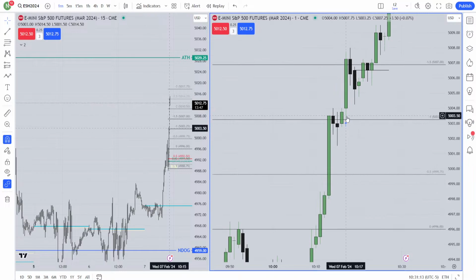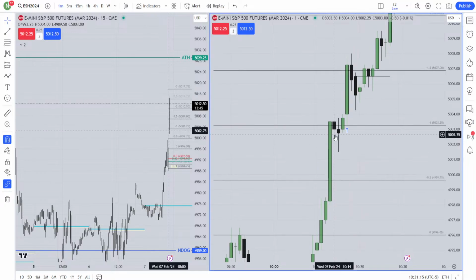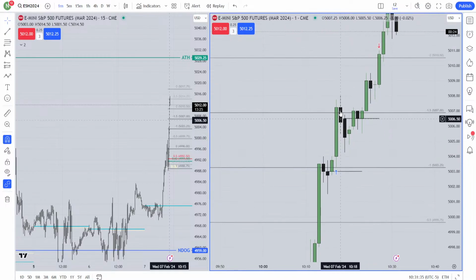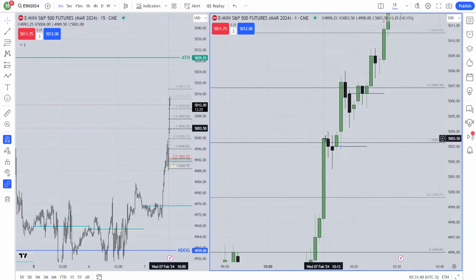Look here where I took my entry. This candle has made this gap, and I didn't take my entry at that gap. When price closed above that opening, that is my order block level. Now there are two consecutive order blocks here, two candles. This candle actually closed above that candle as well, but look at this candle, it didn't close above that high.